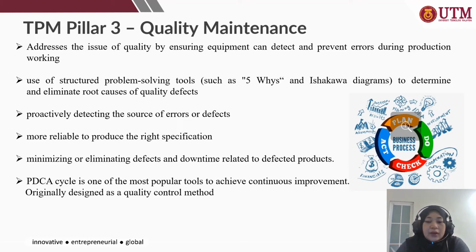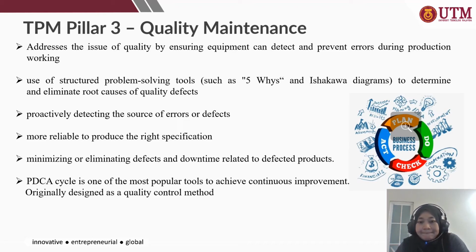After that, we run a test, then we compare the output or the result with the goals that we set in the first place. From that, if the new plan can improve the performance, then we can implement it. We can implement by acting, doing something from the new processes or new course, or the root cause that we identified in the first place.